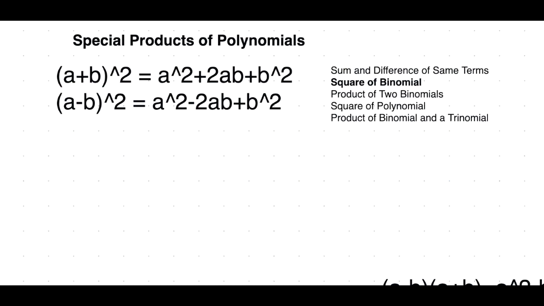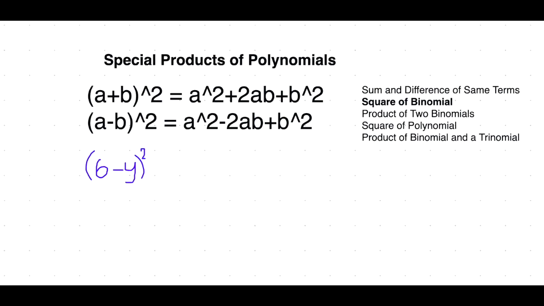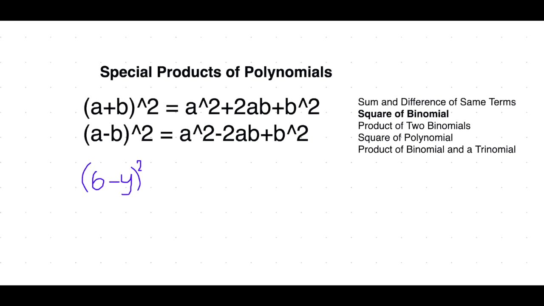So let's write it out so that our given bracket is, let's say, 6 minus y, squared. Based on our rule for special products of polynomials, 6 minus y squared would be equal to, in our example, 6 is equal to a, and minus y is equal to minus b.